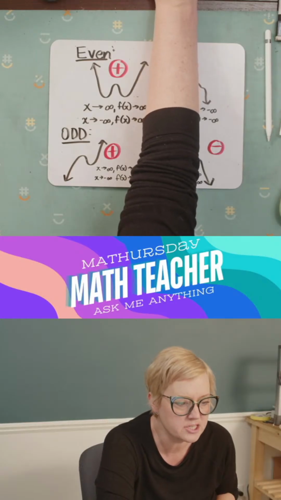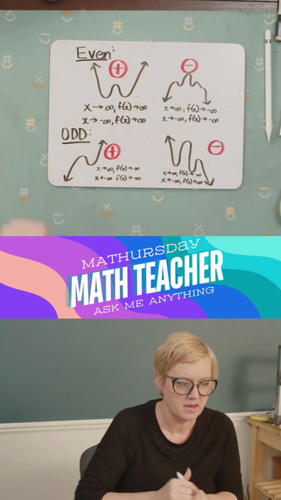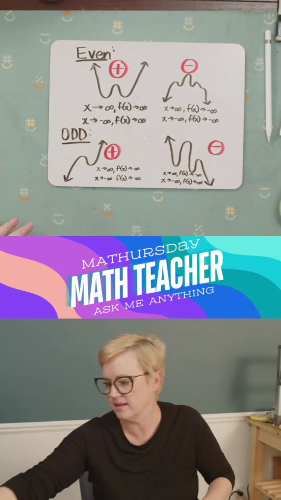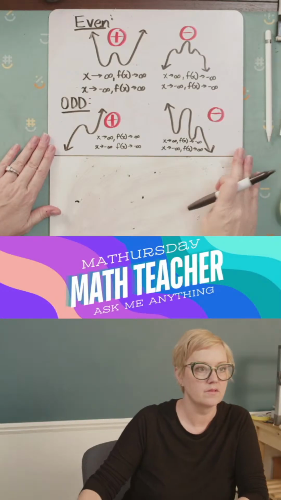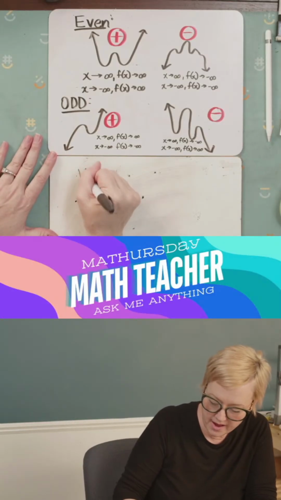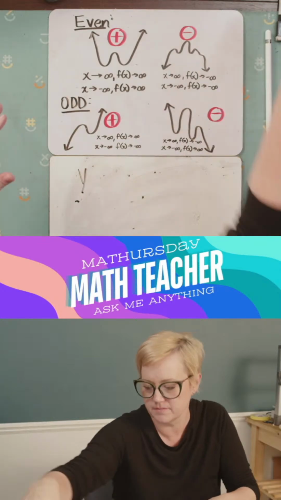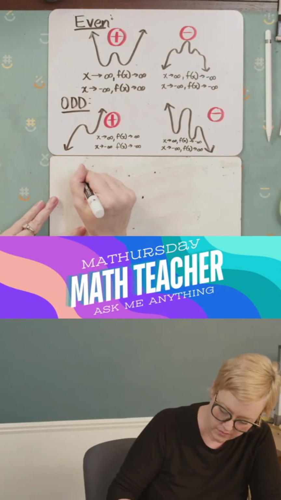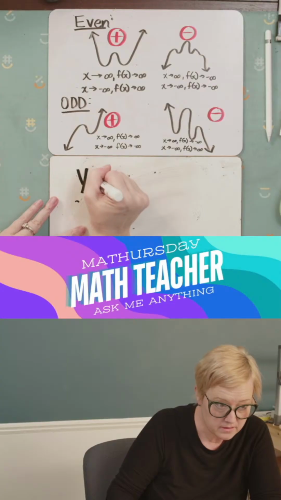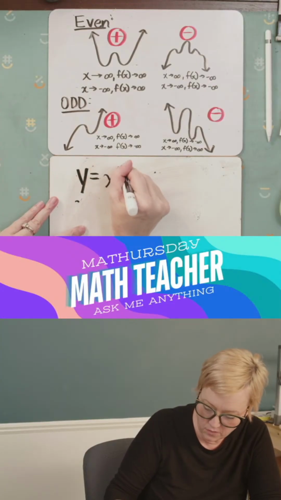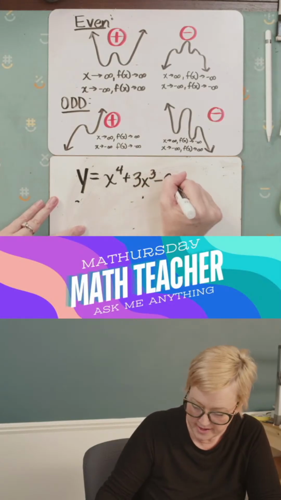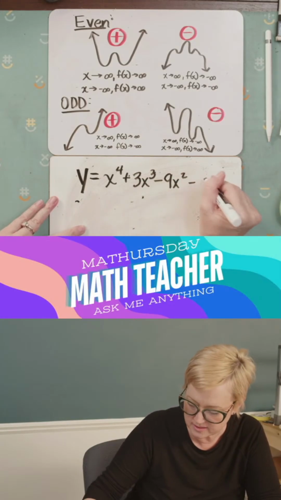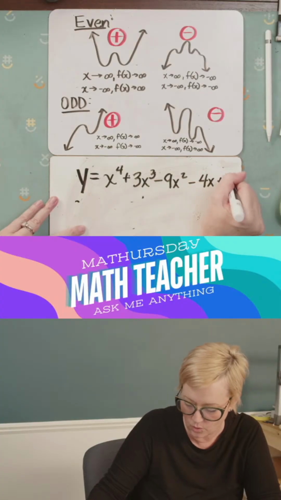An example equation would be if we did y equals x to the 4th plus 3x cubed minus 9x squared minus 4x plus 1.